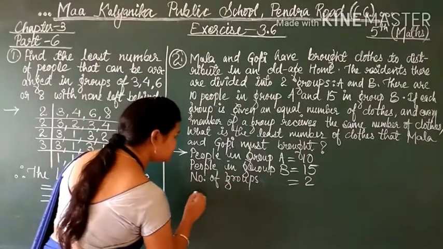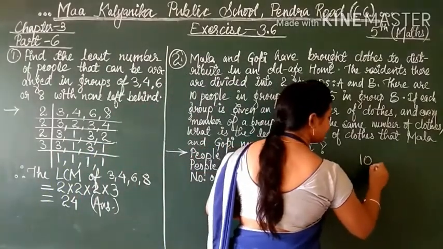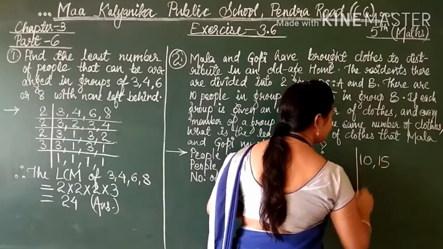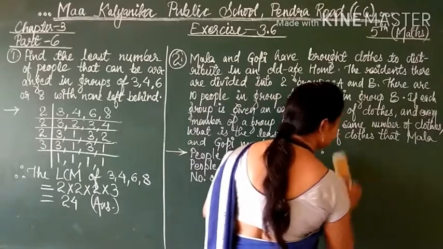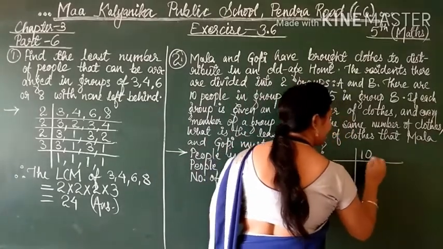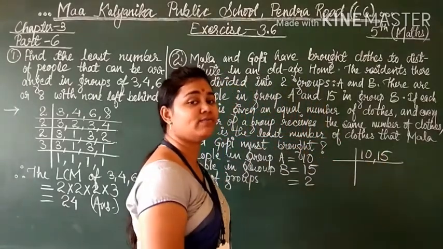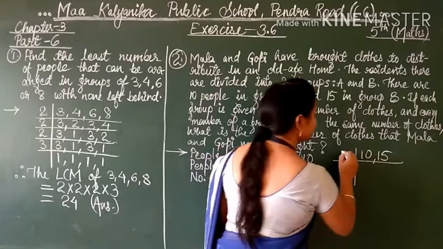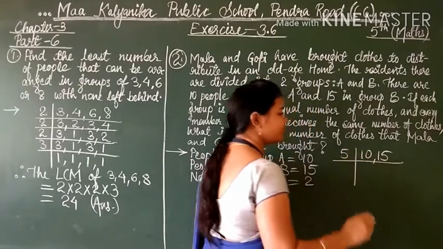So now students, we will solve it here. I am finding the LCM here. 10 and 15. So students, I think you know very well by which number these can be divided. From 5. By 2, 10 can be divided but 15 cannot be divided by 2.